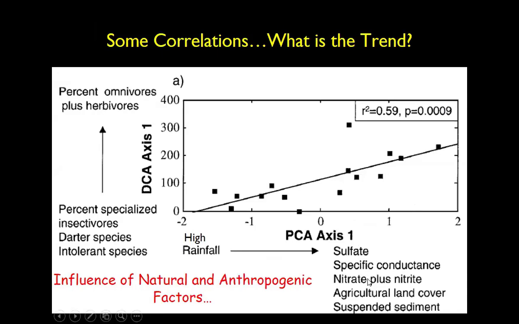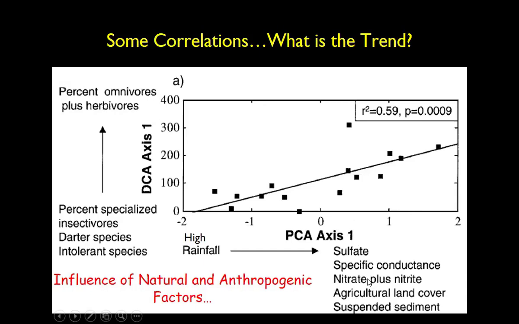So the strongest pattern was that some of the sites had a high amount of rainfall, whereas others had high agricultural land cover, suspended sediment, nitrates, conductance, and sulfate. Okay, and then there was this trend, right? So this means that sites that had high rainfall were low in all of these things. Sites that were high in all of these things had low rainfall.